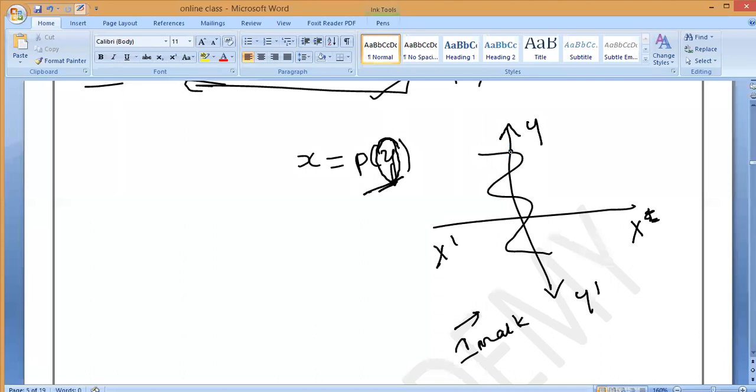The graph touches the y-axis at how many points? 1, 2, 3, 4, 5. 5 is the correct answer.